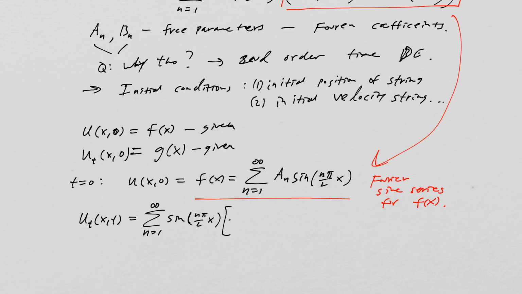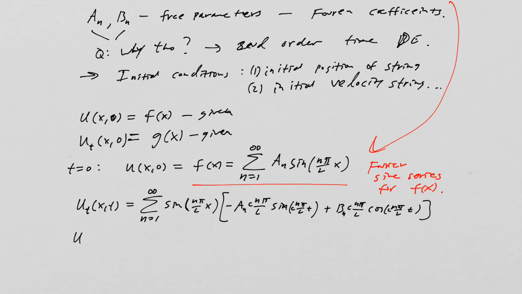Then we get negative an times c n pi over L times sine of c n pi over L t, plus bn times c n pi over L times cosine of c n pi over L t.